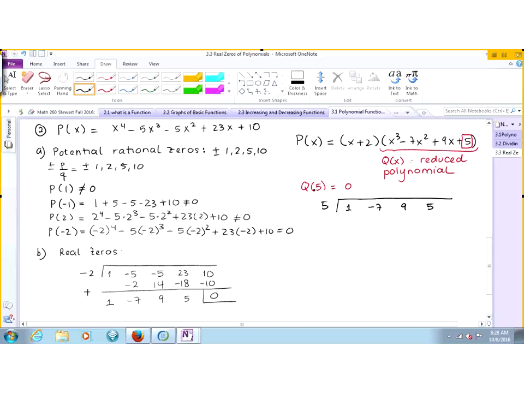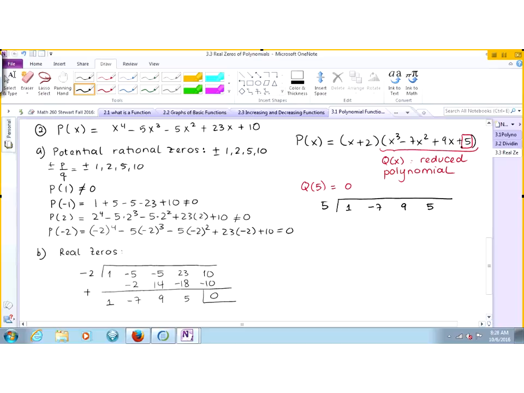So then when I'm trying it out, I'm only using the rational zeros for Q of X. That's why it's only plus or minus 1 and plus or minus 5, and I don't have to choose -2.